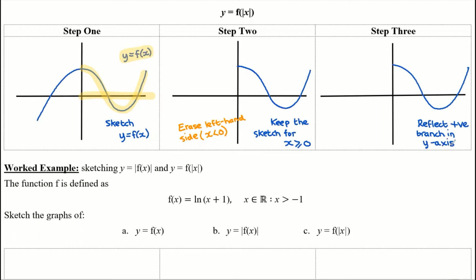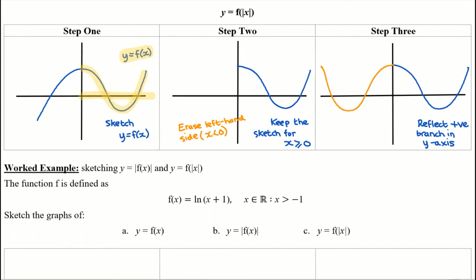So I'll do that in a different color. Just a bit of symmetry. Something like that. So that's it. We finished. So that's the graph of y is equal to, in fact, I won't use the orange bit because it might get confusing. Just undo.